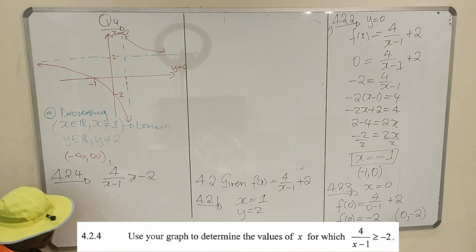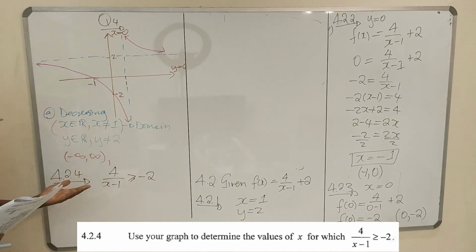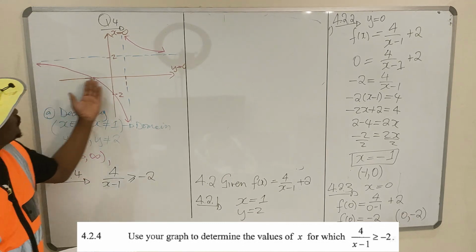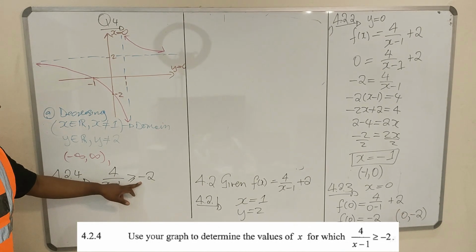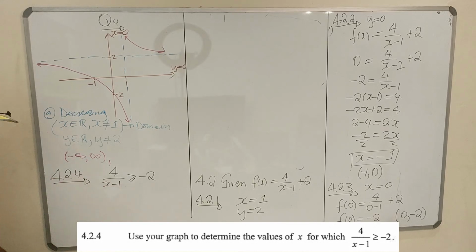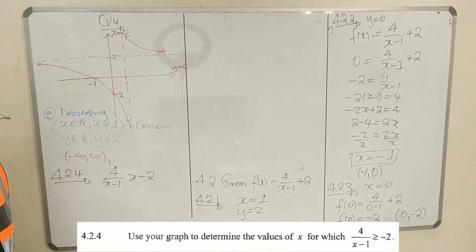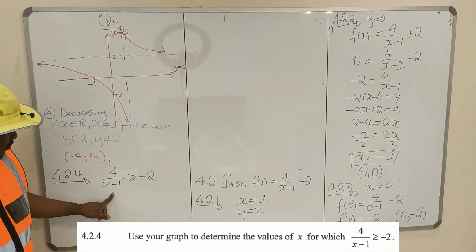Do you understand? They're saying, use your graph to determine for which values of x your function is greater than minus 2. If you look at this, it is similar to our equation. What's the difference? The greater or equals to this part, the original equation.